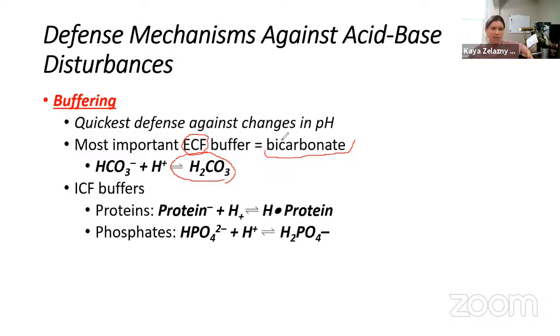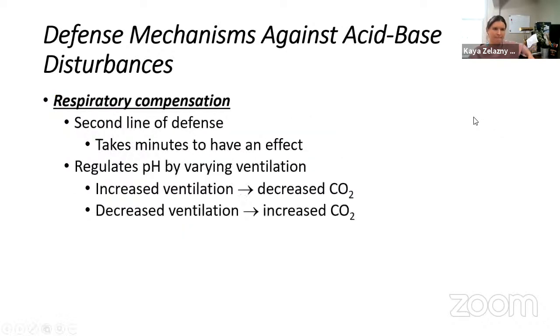Hemoglobin can also act as a buffer. And then we have some buffers in our intracellular fluid, so in the cells. Some proteins and phosphates can act as buffers inside the cells as well. But most important, really, really most important, is the bicarbonate. Okay.